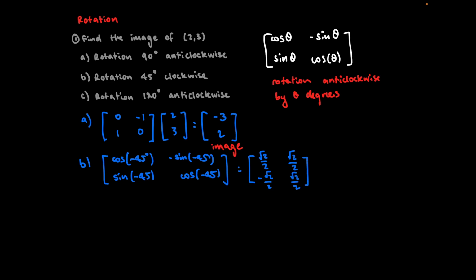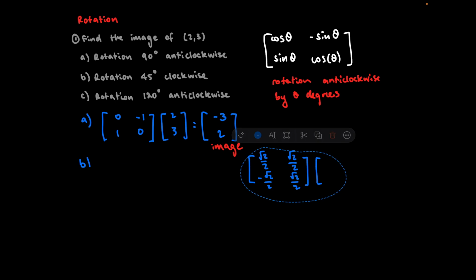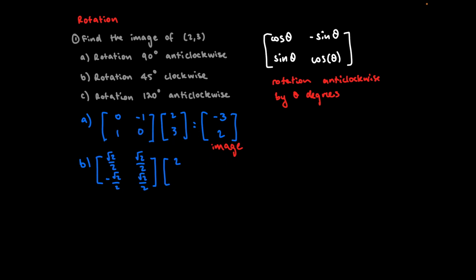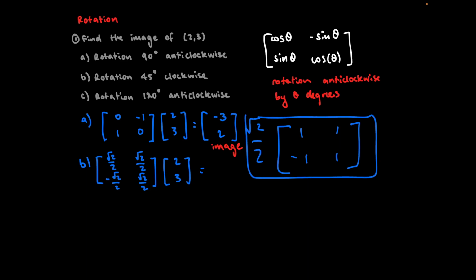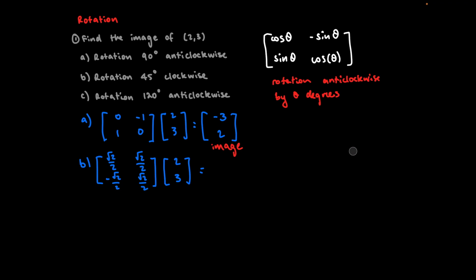Then what we can do is simply multiply this by the coordinates of 2, 3, because then that'll give us our image. Just to make life easy, I'm going to treat this as the matrix of 1, 1, -1, 1, and then factorize out a root 2 over 2 on the outside. This is the same as root 2 over 2 times 1, 1, -1, 1 times 2, 3.